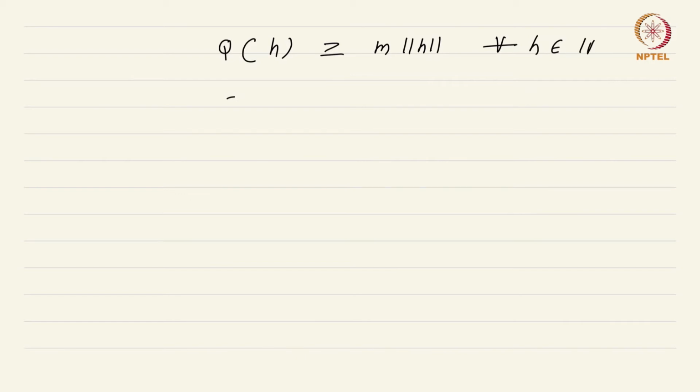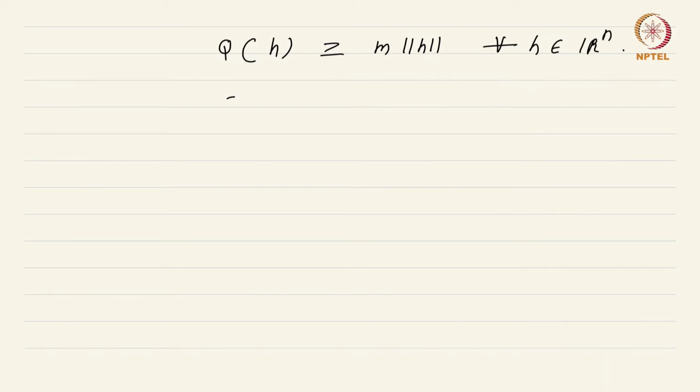Okay. Now what this essentially means is that Q of h, Q of any vector h, is going to be greater than or equal to m norm h squared for all h in R^n.